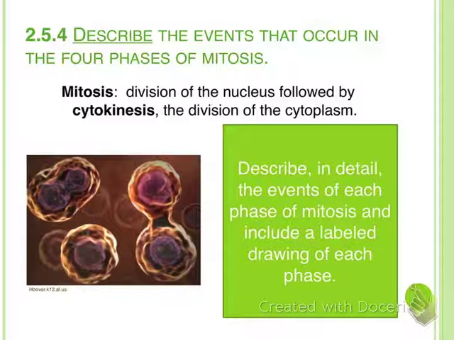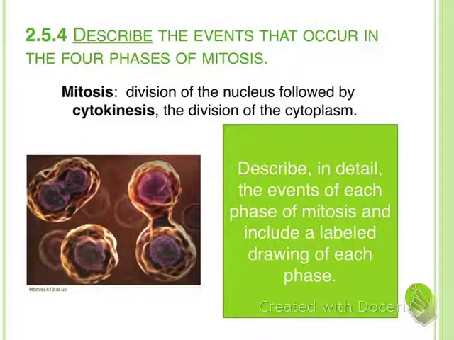to describe the events that occur in the 4 phases of mitosis. Now I want to just emphasize a couple things. Mitosis simply is the division of the nucleus, and a lot of people describe mitosis as the complete division of the 2 cells, but actually it is the forming of 2 identical nuclei.